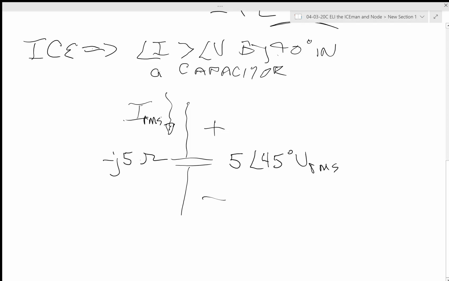So if I want to solve for that, this is going to be I, and it's an RMS value. Probably after this, I'm not going to write RMS anymore.